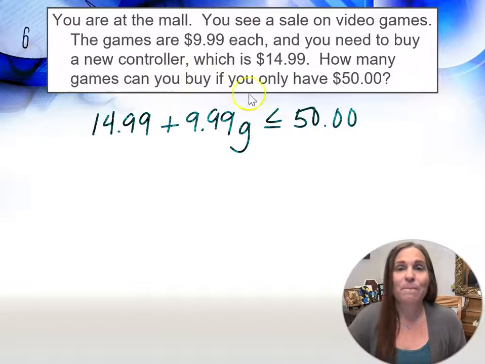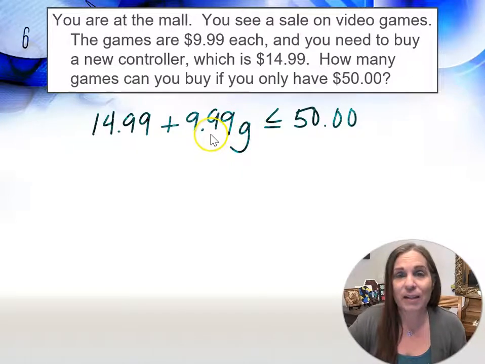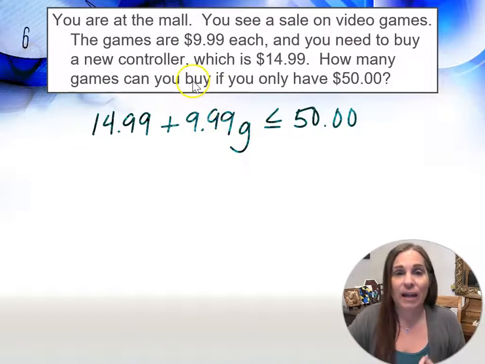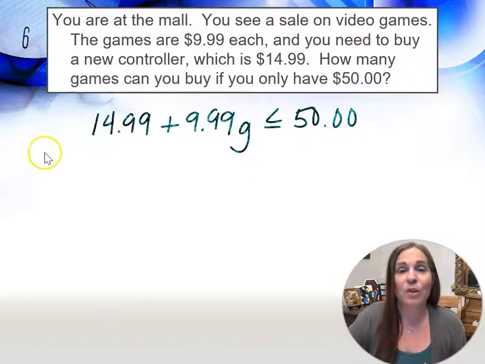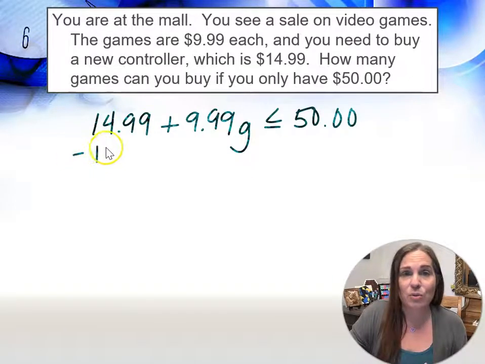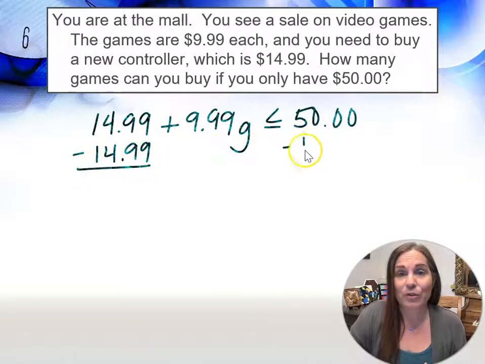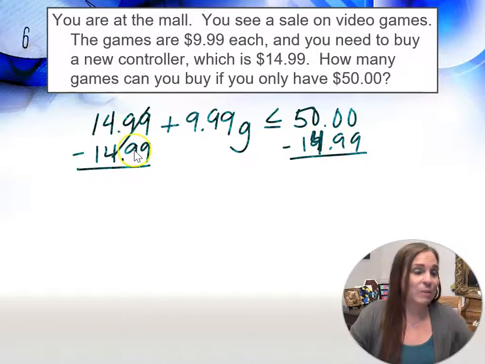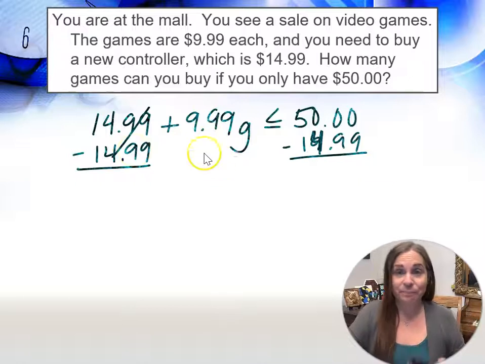Okay, so how are we going to solve this? Well, if I look at it, the G is being multiplied by 9.99, and then we're adding on the $14.99. So I'm going to undo the $14.99 first. Oops, that should be a 4. And I'm going to use my calculator for this.